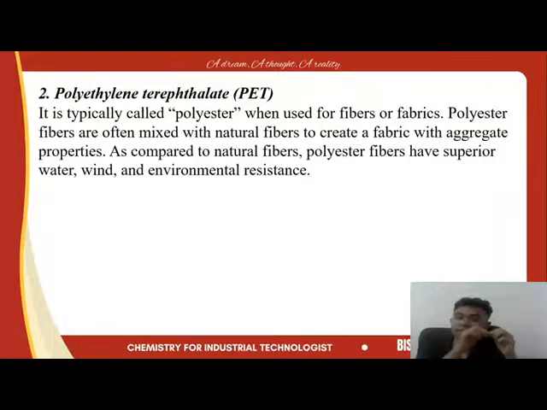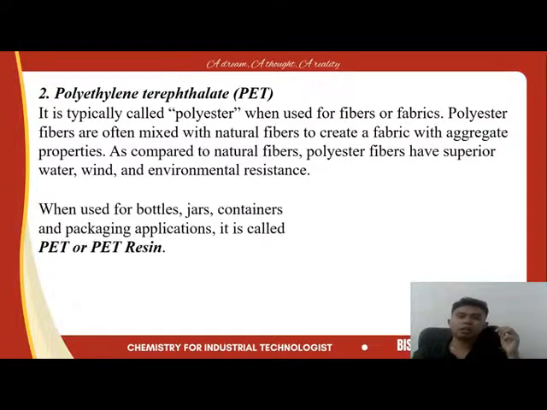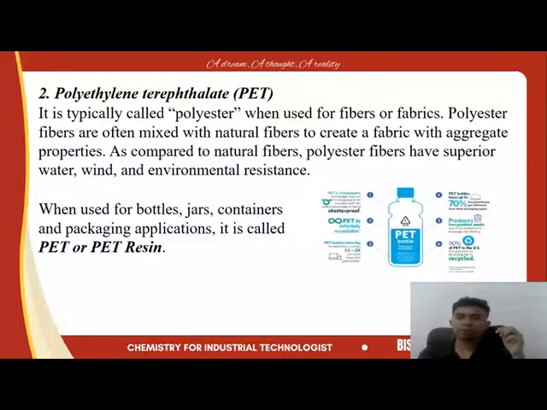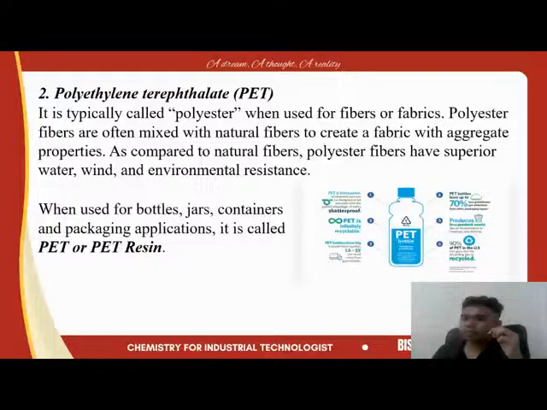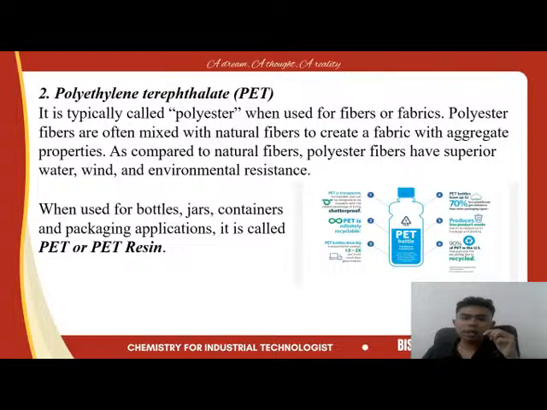So it's very good to be used for the packaging of food. If you want very quality packaging for food, PET is a good choice for you. This is an example of a PET, very durable. And of course it is recycled, which is good for the environment.